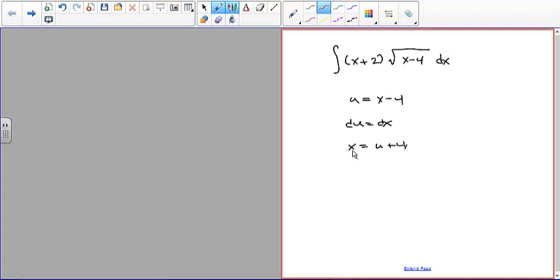Then you make these substitutions. For x, you use u plus 4. For dx, you put in du. And for x minus 4, you put in u.